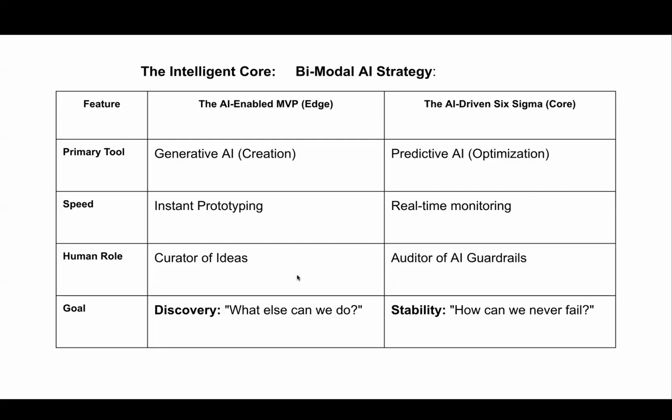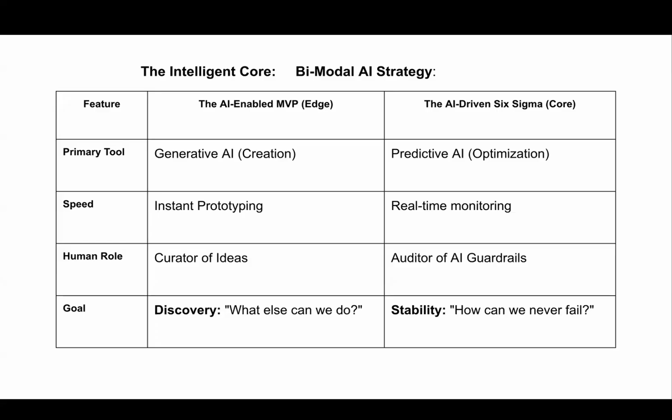So the role of the human in this is interesting because we need to think about what we have been doing as managers and leaders, as lean leaders, as Six Sigma experts in the organizations we work for. With AI-enabled MVP, your human role becomes that you are curating ideas, because the generation of ideas is going to be so much quicker and deeper and comprehensive.